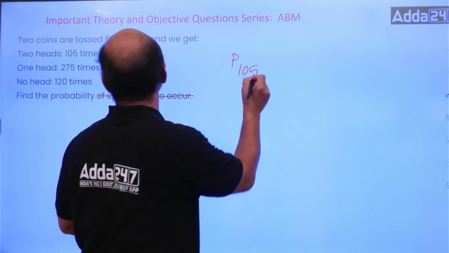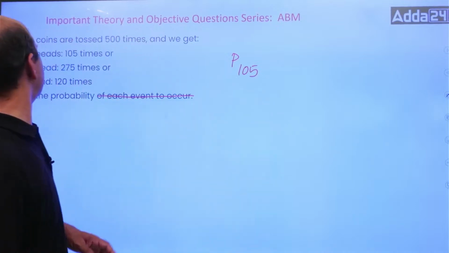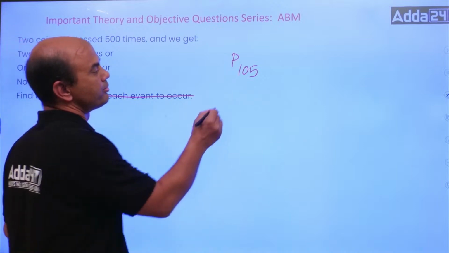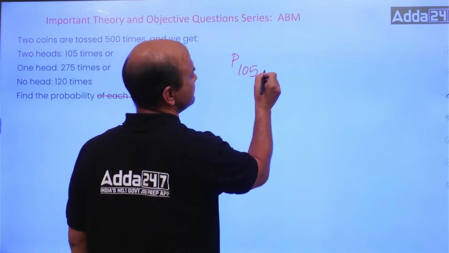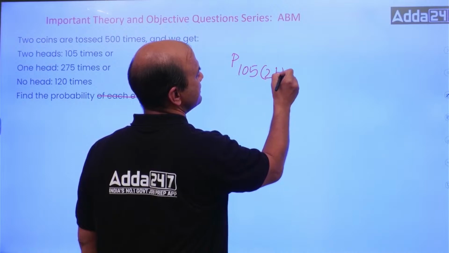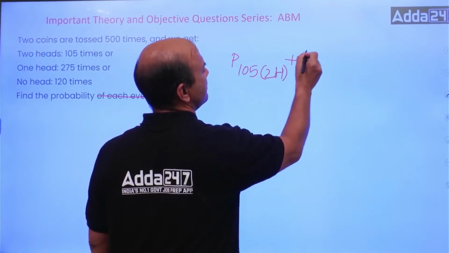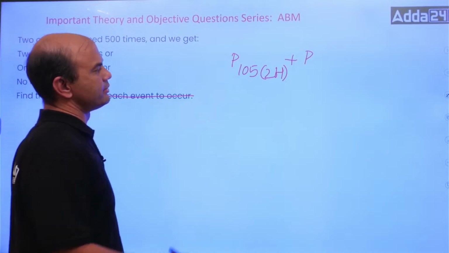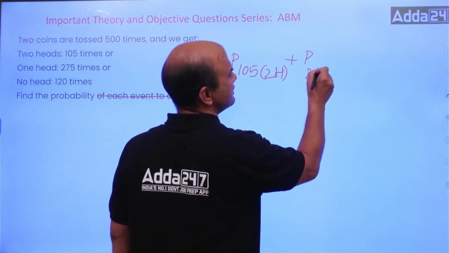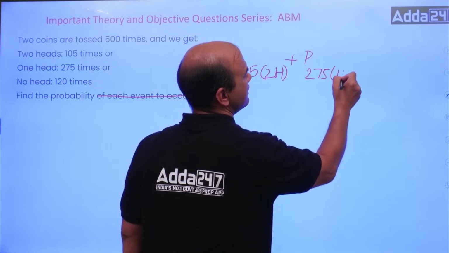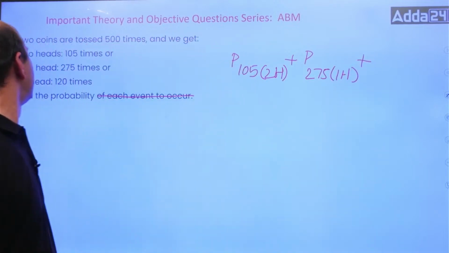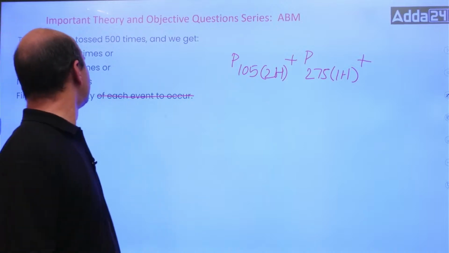P of 105. What is this? Heads. Two heads 105 times. So 105 times two heads. Or probability of one head 275 times. Or what is the third one? No head 120 times.